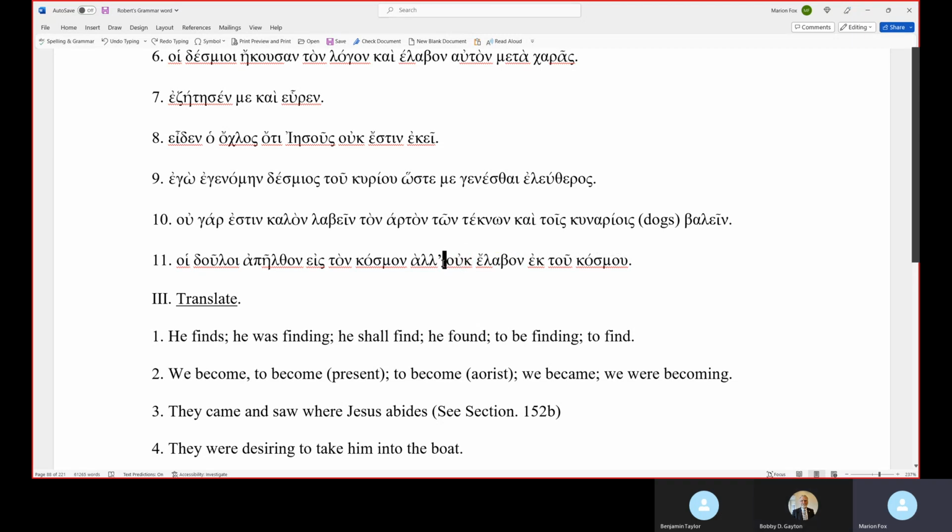Does that make sense? So that's what happens. Allah is one of the words for but; it always introduces a completely different class, a different set, good versus evil or something like that, right? So the servants went out into the world, but they did not take things out of the world.